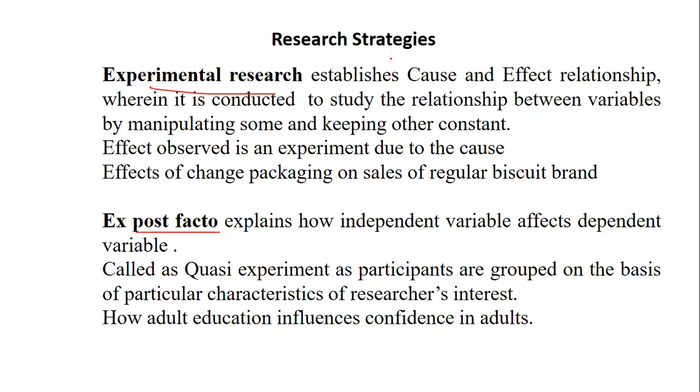When we talk about experimental research, it establishes the cause and effect relationship. It is a study conducted to study the relationship between variables by manipulating some constants and keeping others constant.